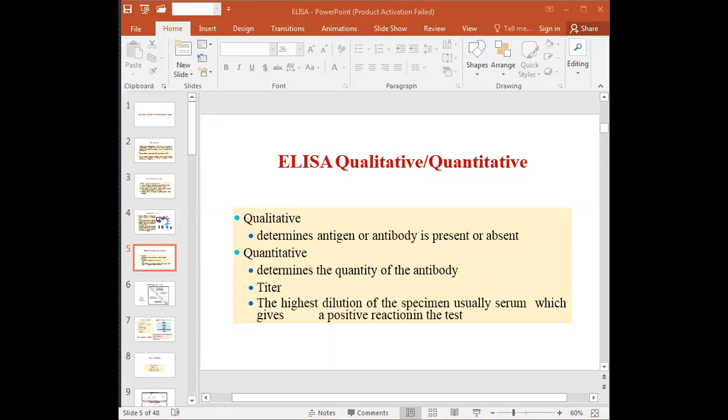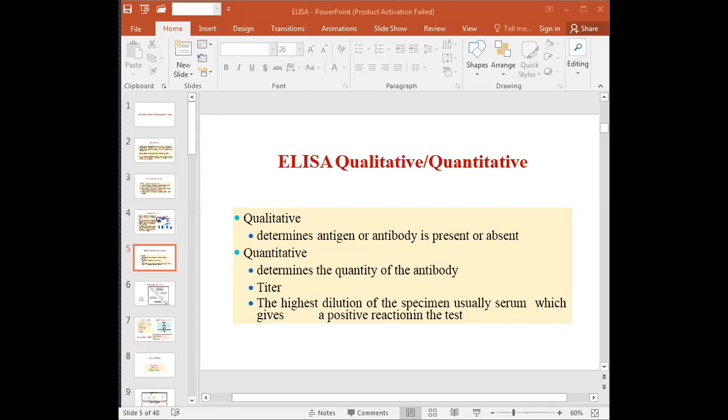On the other hand, if you want to quantify, meaning how concentrated your sample antigen is, then definitely you have to go for the quantitative ELISA technique. In that technique, you can quantify the antigen or the antibody by determining the titer.